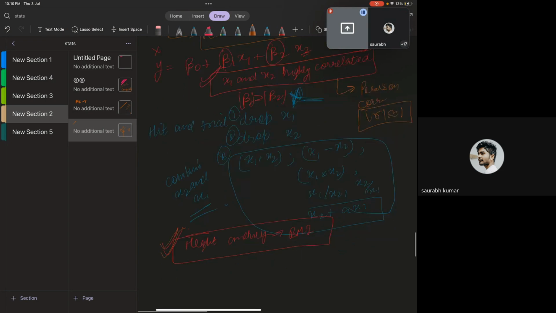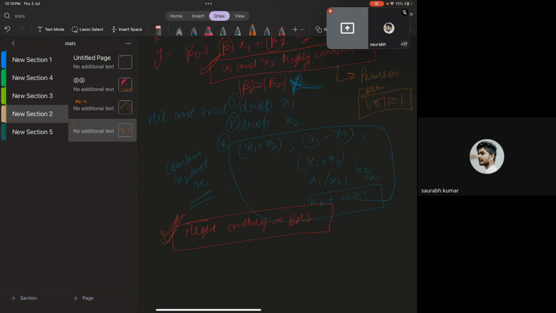Now, a lot of people ask me, what should be the value of R so that I say there is correlation or not? What do you think? Greater than 0, or less than 0? So 0.1 also you will say correlation is high?